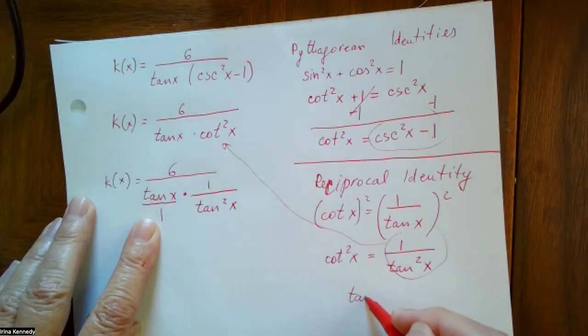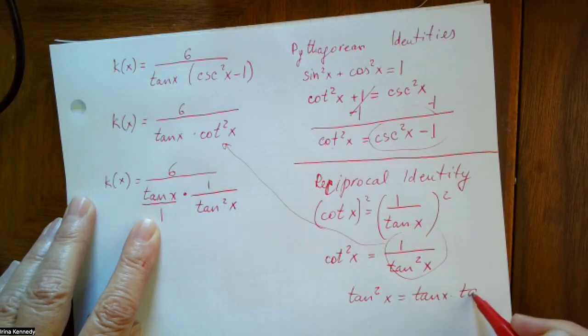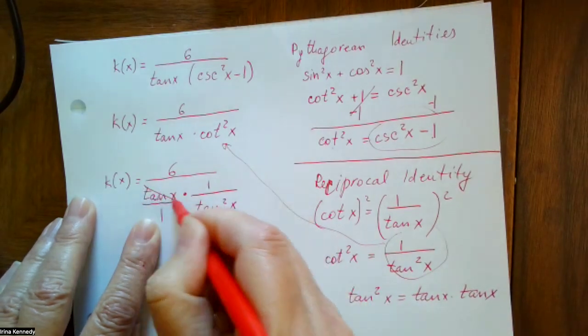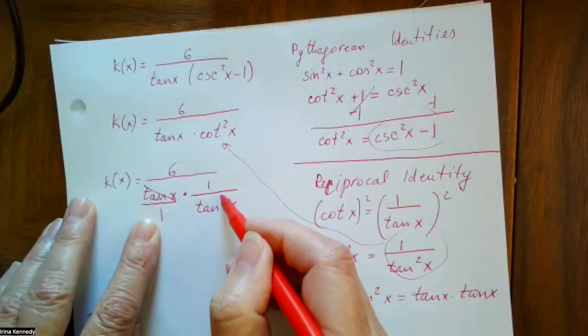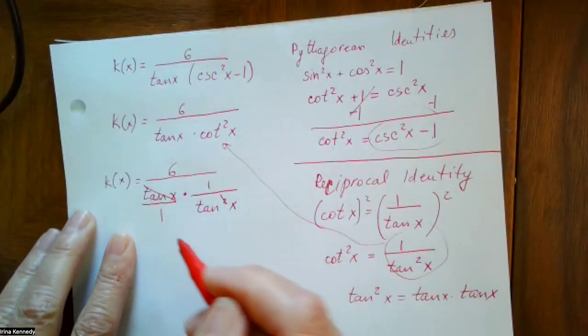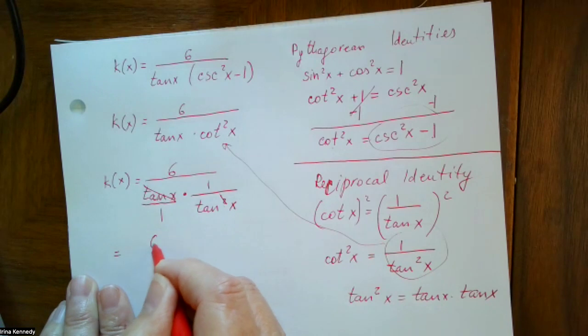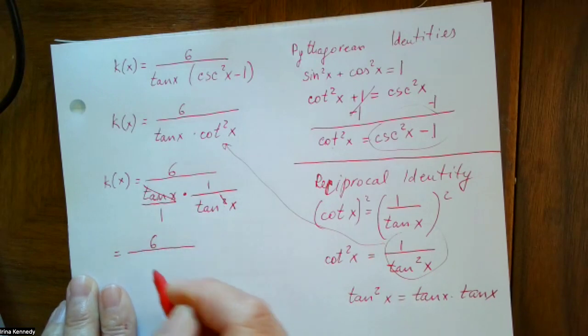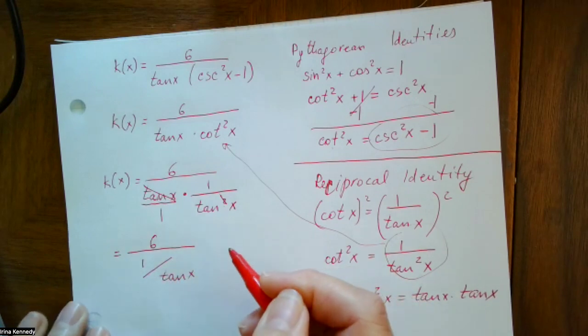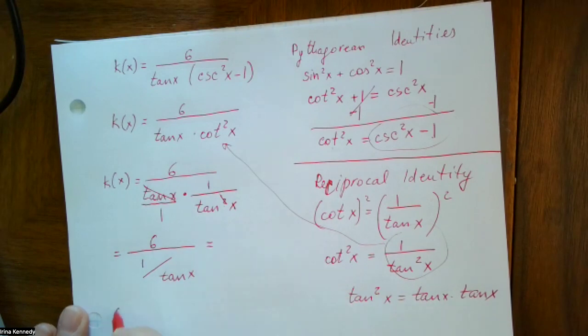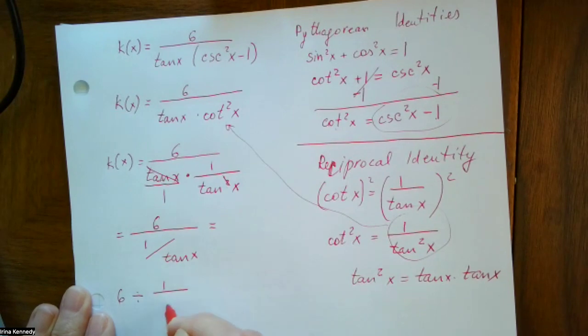Tangent squared x is tangent x times tangent x, so one of them is going to be canceled. And now I'm getting 6 over 1 over tangent x. That is like 6 divided by 1 over tangent x.